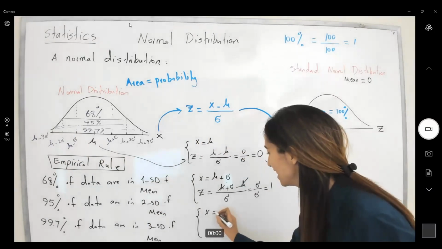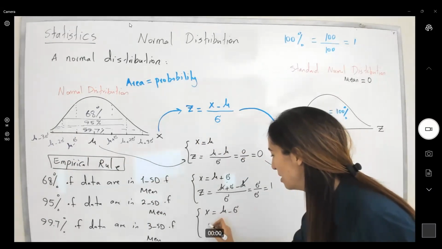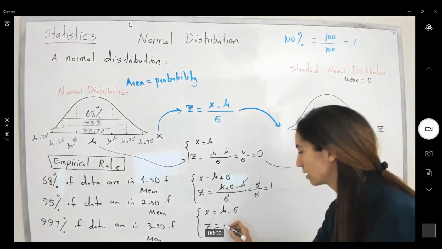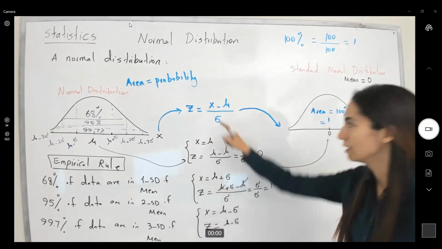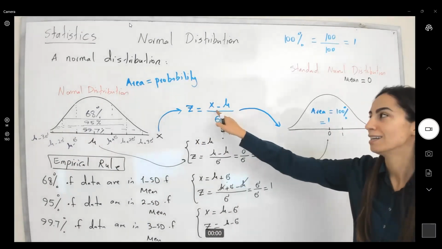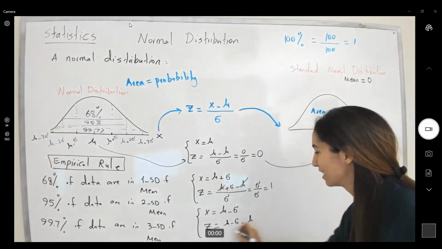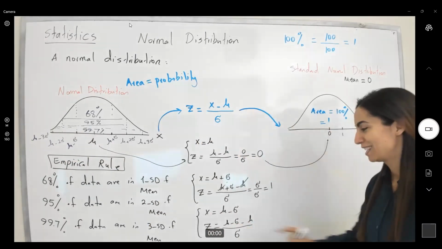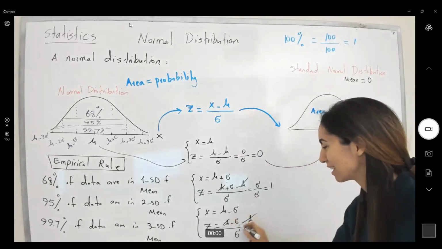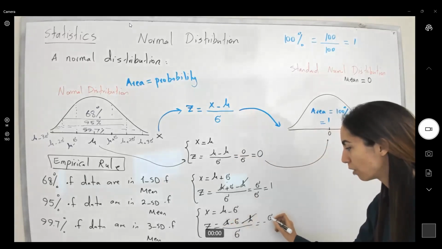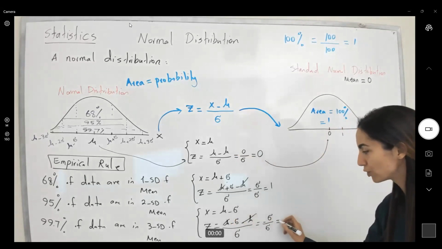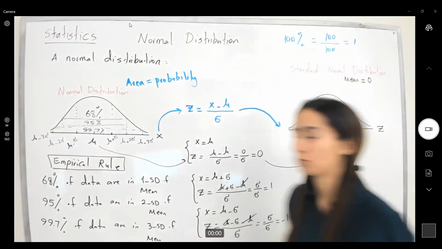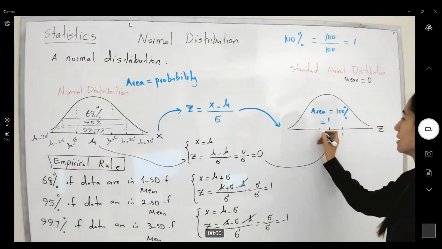Z becomes mu minus sigma minus the mean, divided by sigma. Mu and minus mu cancel out. I'm left with negative sigma divided by sigma, which is -1. So mu minus sigma is just -1.